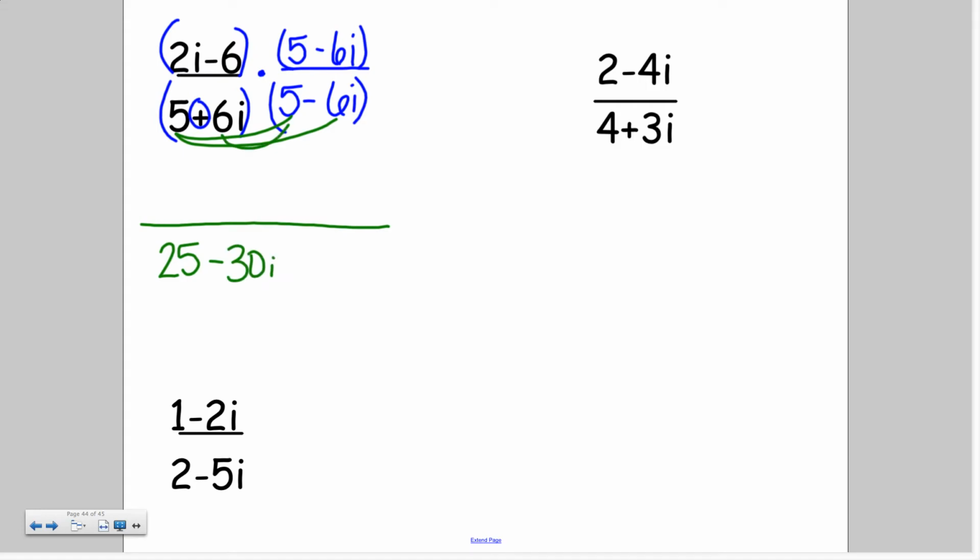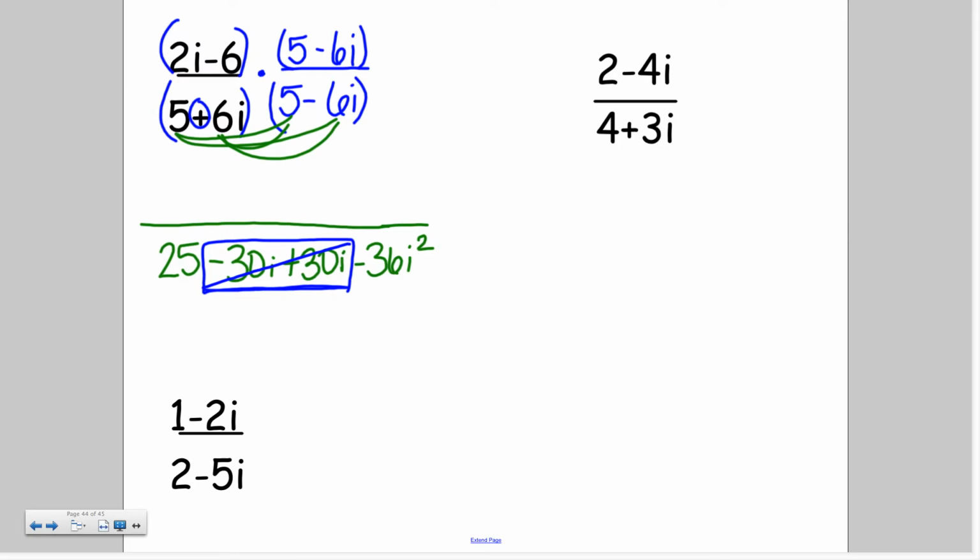Positive 6i times a positive 5 is a positive 30i, and then 6 times 6 is a negative 36i squared. Now, as you can tell right here, those two are going to cancel each other out because I have a positive 30i and I have a negative 30i. So those are not even going to be there in just a moment, okay?